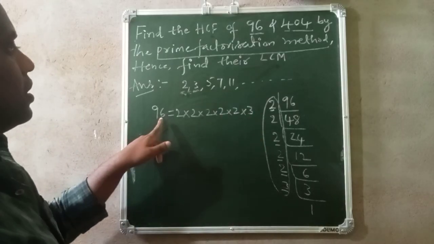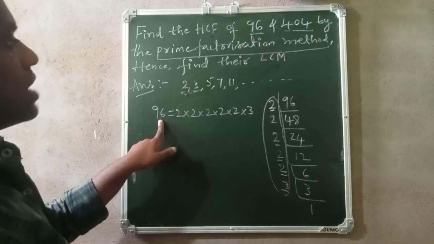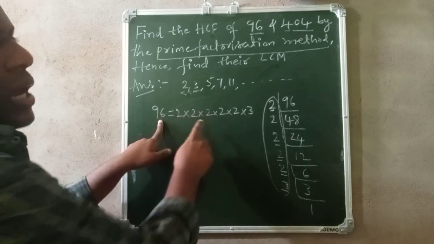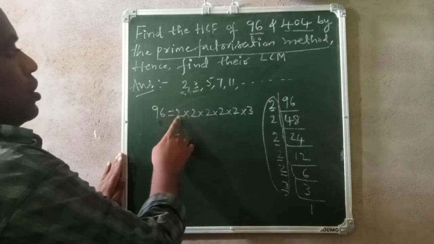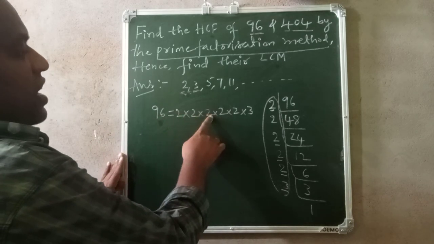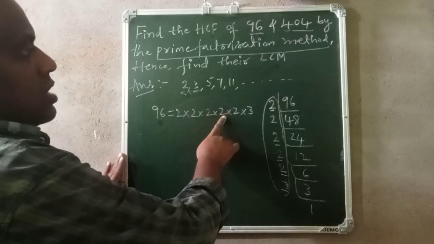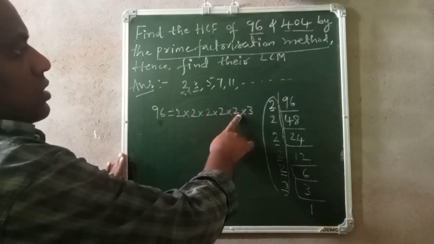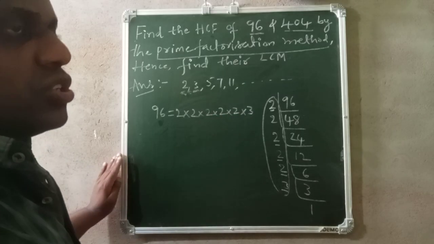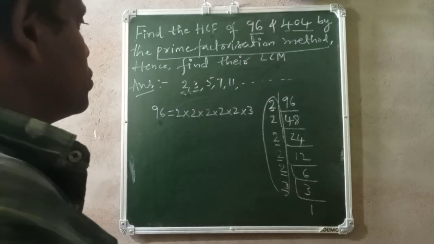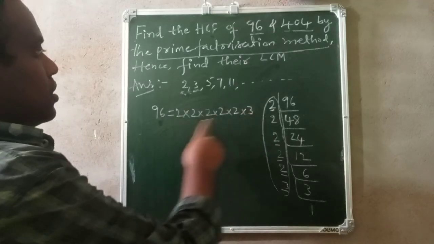So we have written 96 as a product of prime numbers, because 2 2s are 4, 4 2s are 8, 8 2s are 16, 16 2s are 32, and 32 3s are 96.